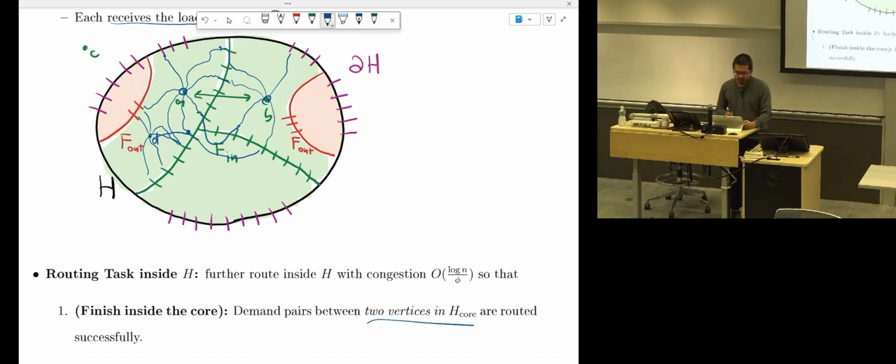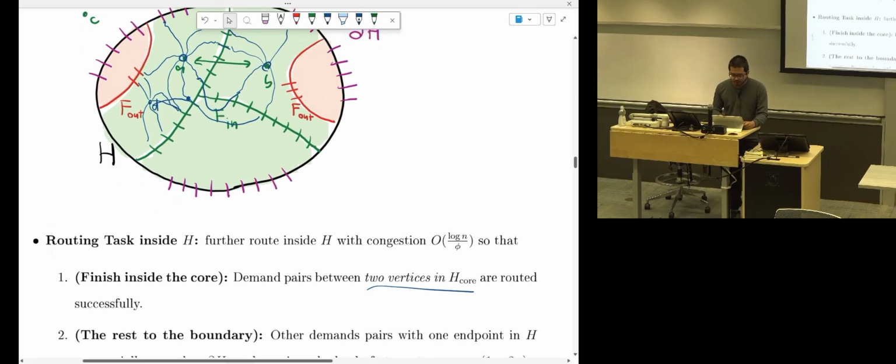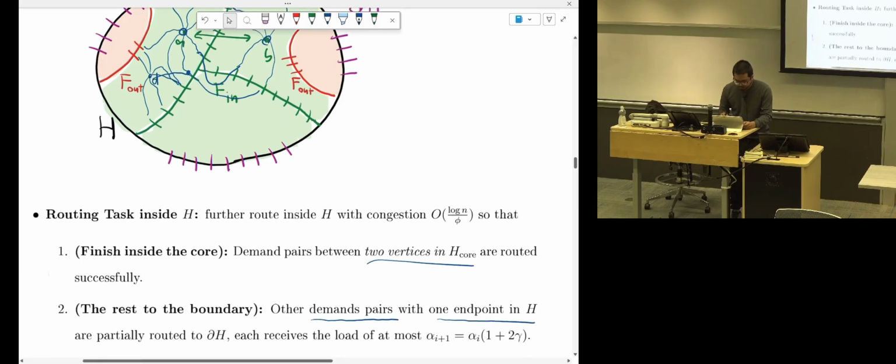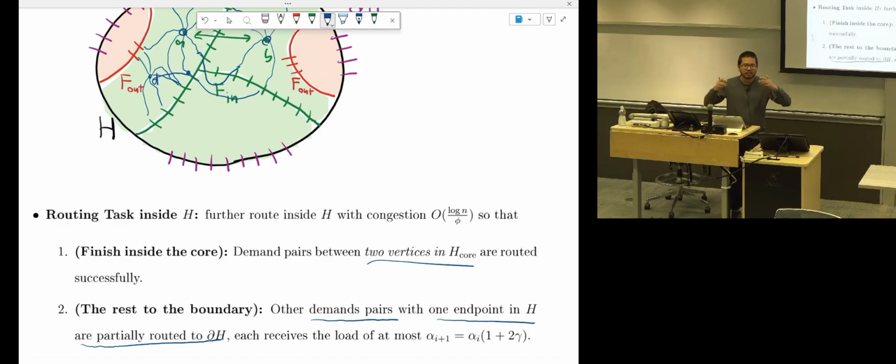Otherwise, if the demand pair is not between vertices inside the core, I will just forward it to the battery. So every other demand with one endpoint in H, you just try to partially route it to the battery. You don't try to finish them, just route them to the battery.